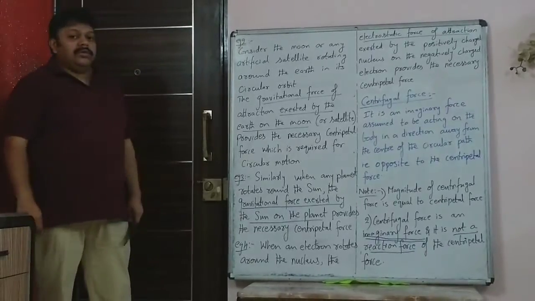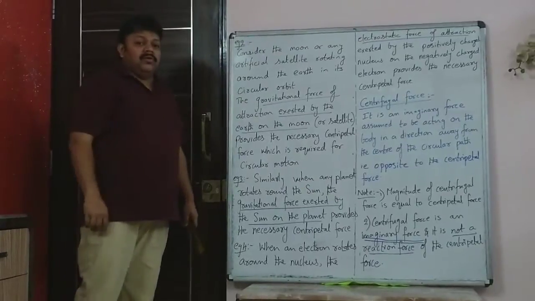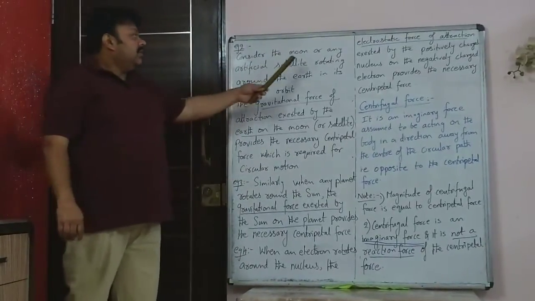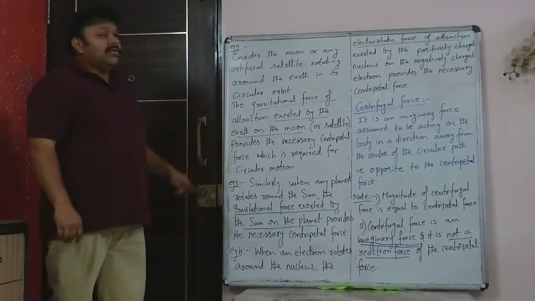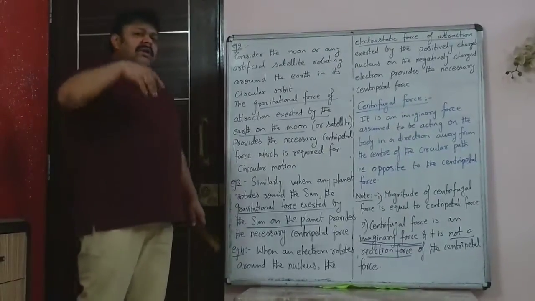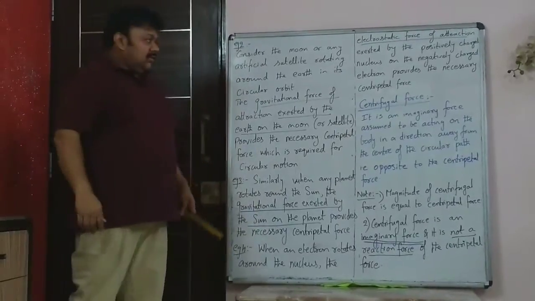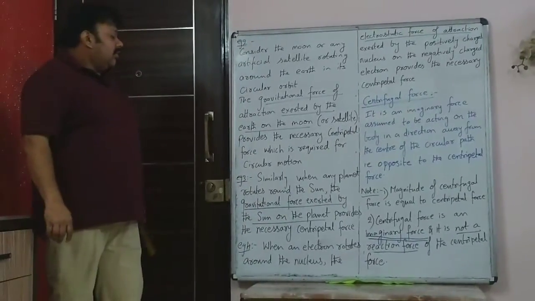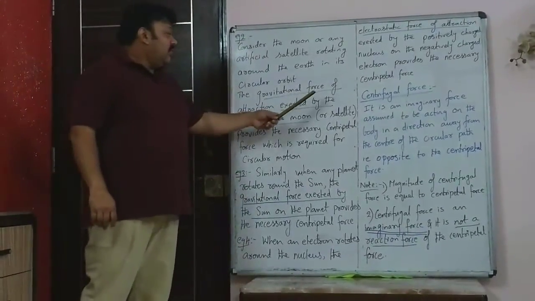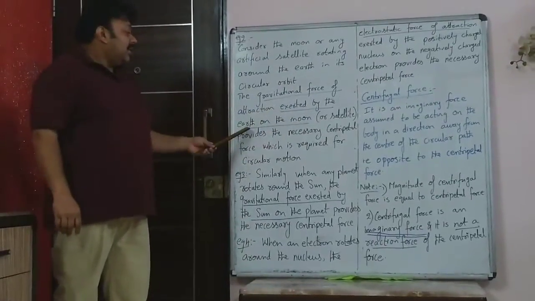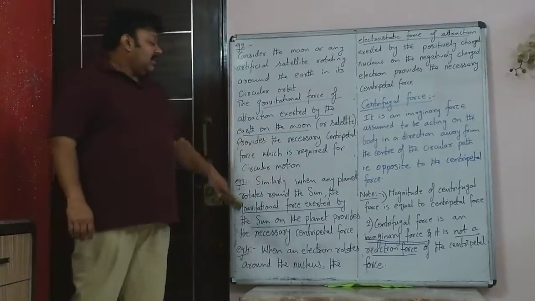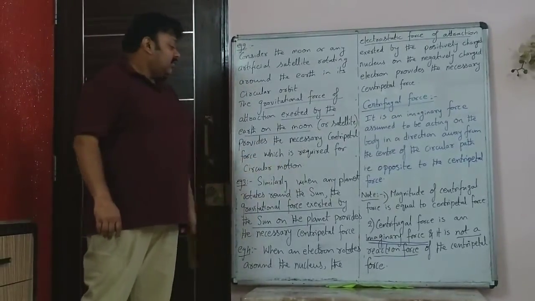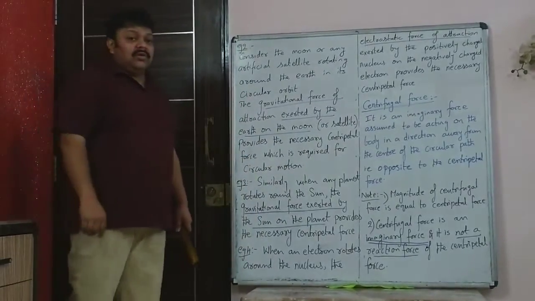We have a little part left in the next frame. And now another example of the same centripetal force, which you will see. Consider the moon or any other artificial satellite rotating around the earth, or any satellite rotating around any other planet in its circular orbit. The gravitational force of attraction exerted by the earth on the moon or on the satellite provides the necessary centripetal force which is required for circular motion.